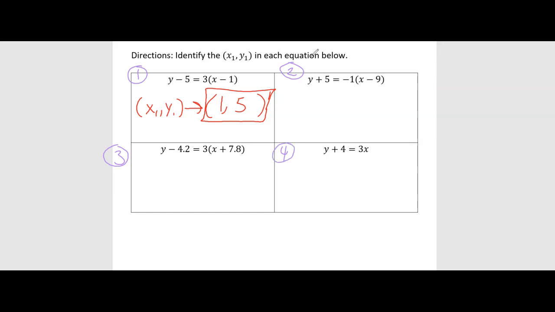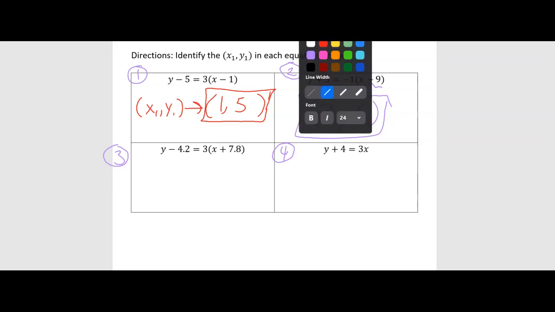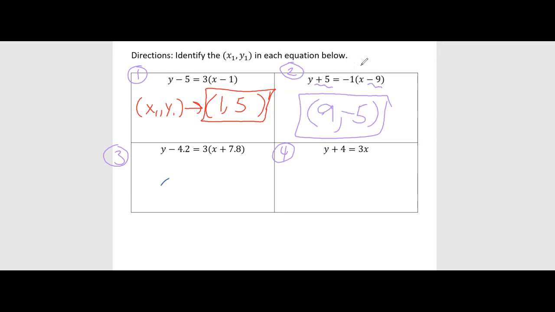In number 2, my x1, it's still x minus 9, so my x1 is 9. It's y plus 5, though. So I'm going to have a negative 5 for my y1. For number 3, my x, it's x plus 7.8, so my x1 is really negative 7.8. And my y1 is positive 4.2.